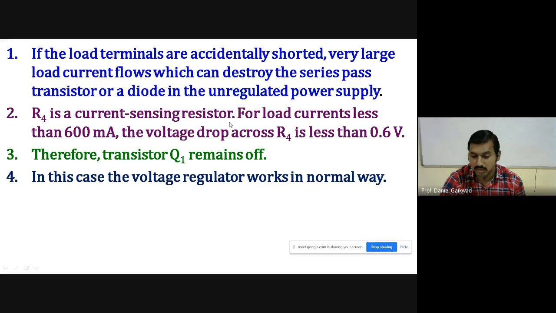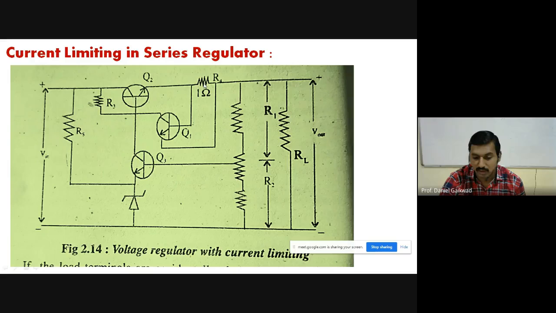R4 is a current sensing resistor for load current less than 600 milliampere. The voltage drop across R4 is less than 0.6 volt. Check carefully. R4 acts as a current sensing resistor.